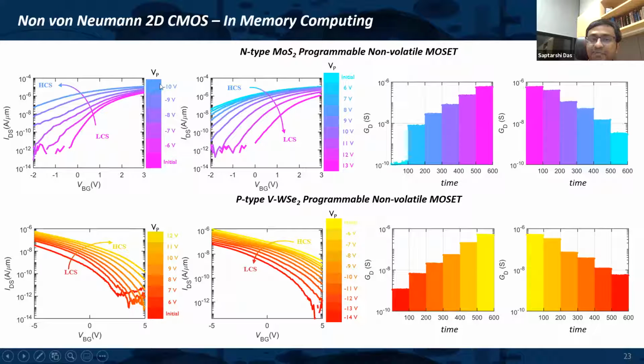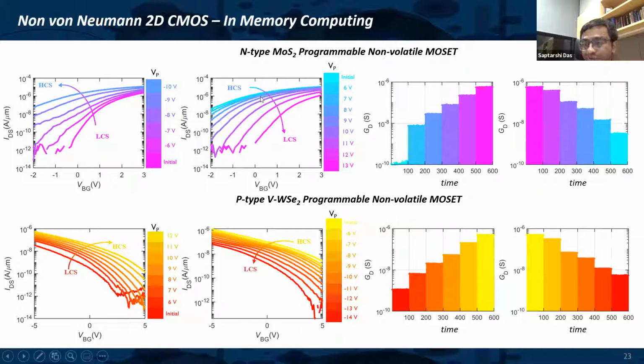Here is an example. You can see that by applying negative voltages to the back-gate stack, I can transform my device from a low conductance state to a high conductance state. And this is nothing but your neural networks where you store different weights. So I can have different conductance values in the same channel material just by programming it.